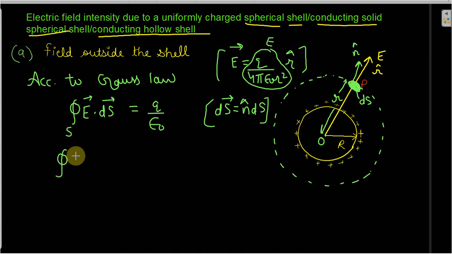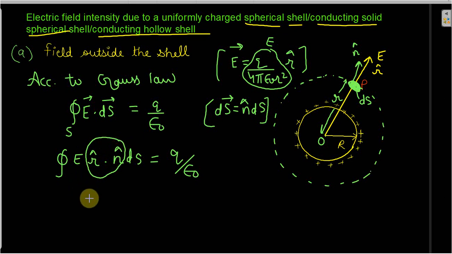So the E vector you can write equal to E r cap, and the ds vector you can write as n cap ds, and that is equal to q by epsilon naught. We know r cap dot n cap is equal to 1, and E is constant, the electric field is constant, so we can take it outside and you will get this expression.